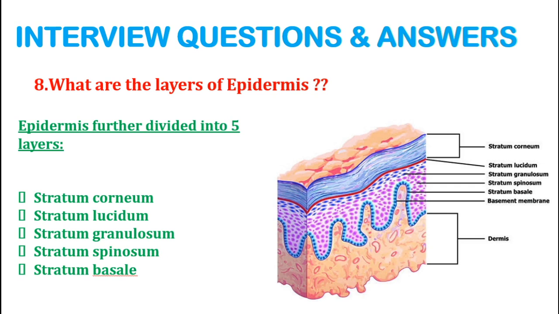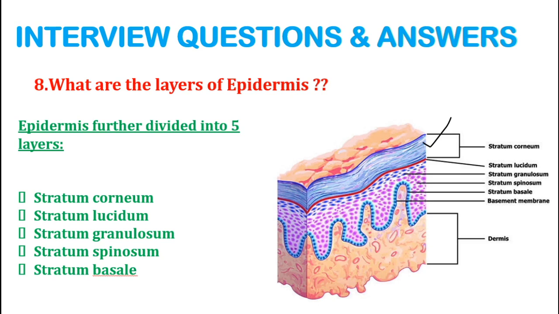The epidermis consists of 5 layers, which are stratum corneum, stratum lucidum, stratum granulosum, stratum spinosum, and stratum basale. Here you can see the diagram. I have mentioned everything very clearly. This is the stratum corneum. This red color line is the stratum lucidum.